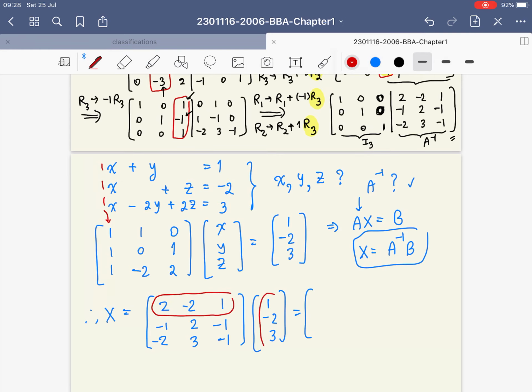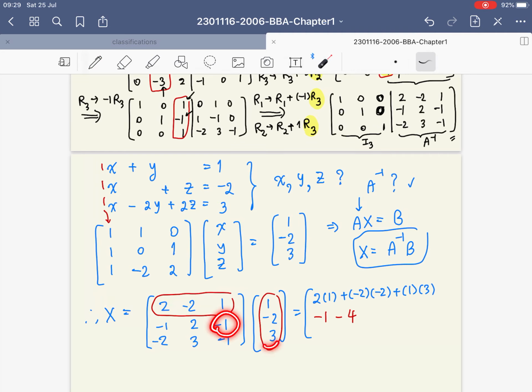Just a review on your multiplication. So the first row multiplies with your column over there. So you have 2 and 1. You got negative 2 and negative 2. You got 1 and 3. All right. And then for your second one, negative 1 and 1, so you have negative 1. You have 2 and negative 2, so you have negative 4.